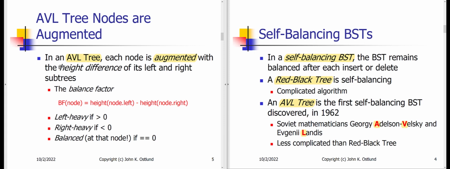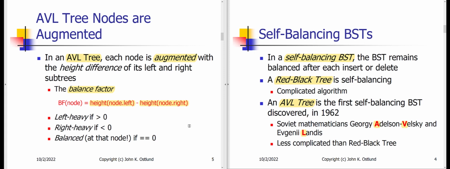But we also keep track, in each node in an AVL tree, of the balance factor, which is the difference of the height of the left-hand subtree and the right-hand subtree. Okay, so we're going to define the balance factor at a particular node to be the height of the left subtree minus the height of the right subtree.